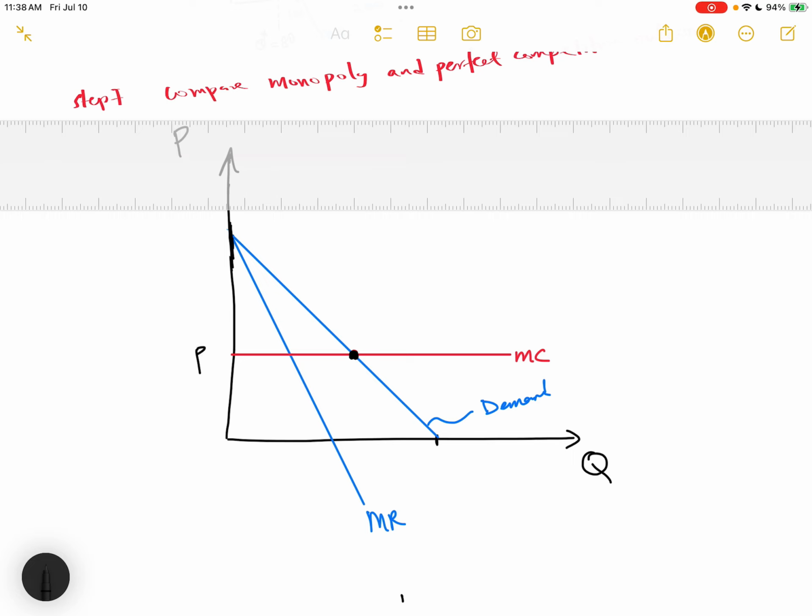Okay, so that will be the price for perfect competition, P^PC, and if I project that intersection between the marginal cost curve and the demand curve down to touch the Q-axis, that will be the quantity Q^PC. See that? I hope you do.